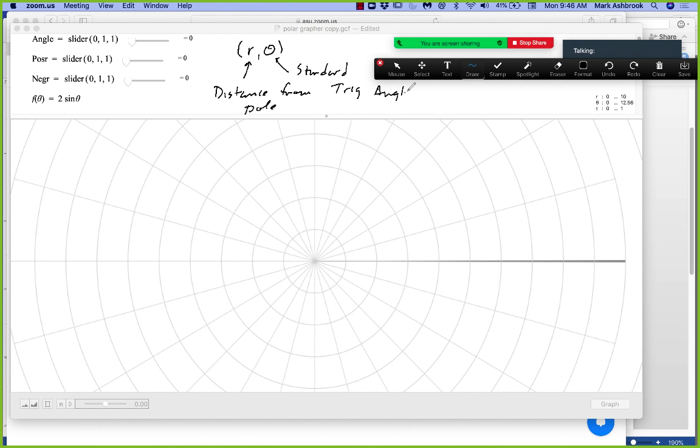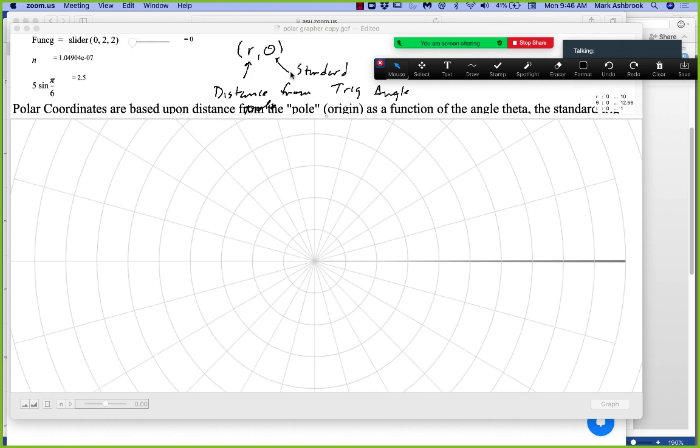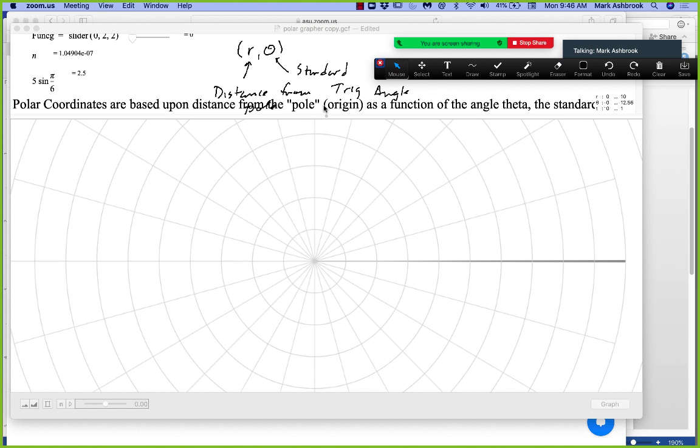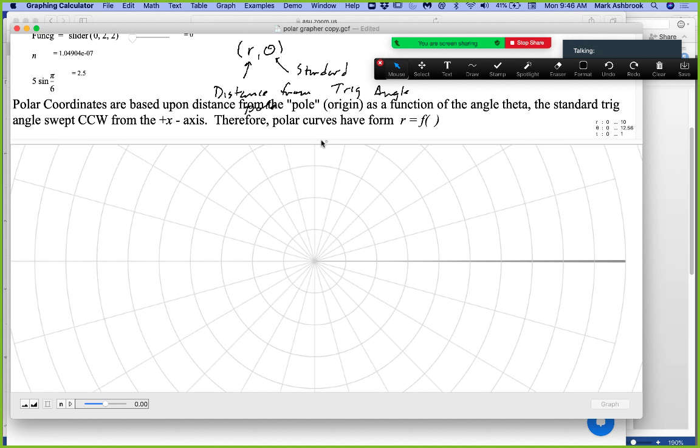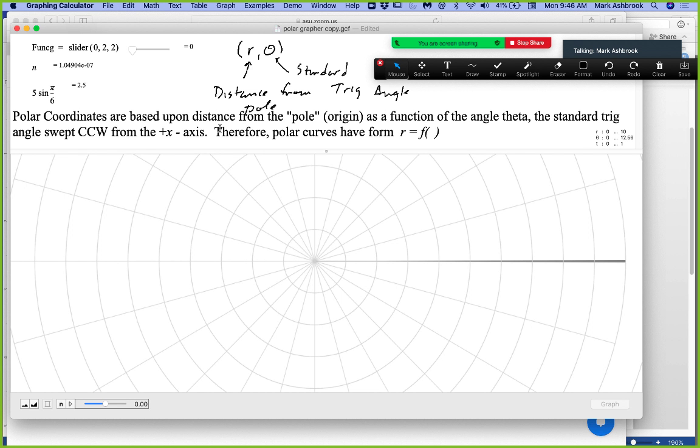So polar coordinates are based on the distance from the pole, r, as a function of the angle theta. The standard angle swept counterclockwise from the positive x-axis.